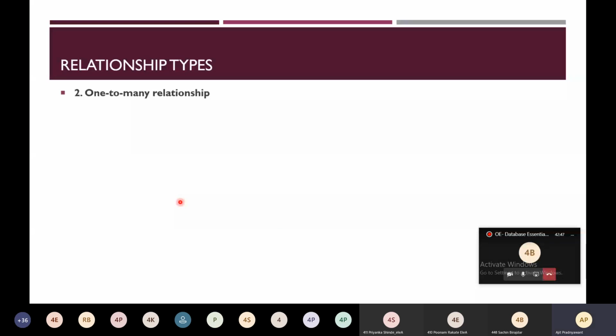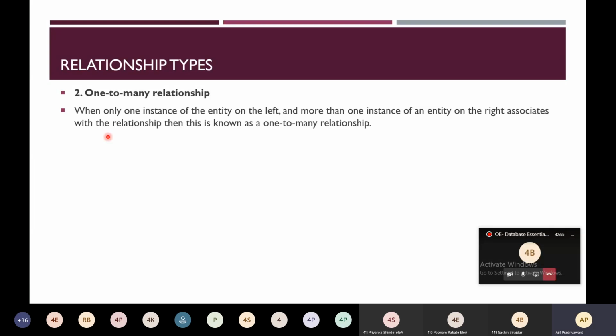Next is one-to-many relationship. In this one-to-many relationship, when only one instance of entity on the left and more than one instance of entity on the right are associated with the relationship, then it is known as one-to-many relationship.